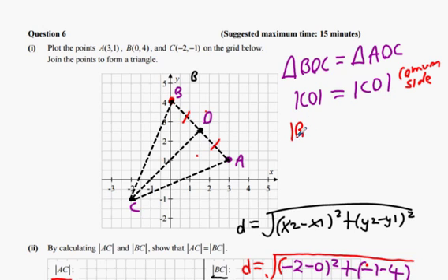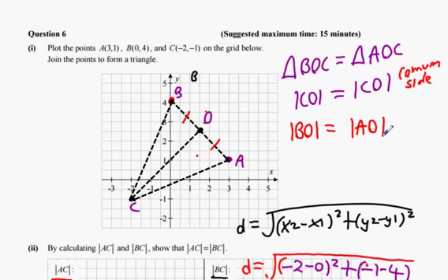So BD equals AD. Now, we have two of the sides the same.